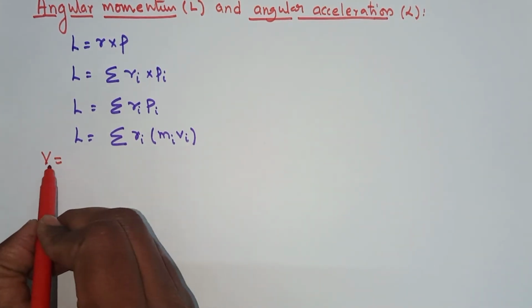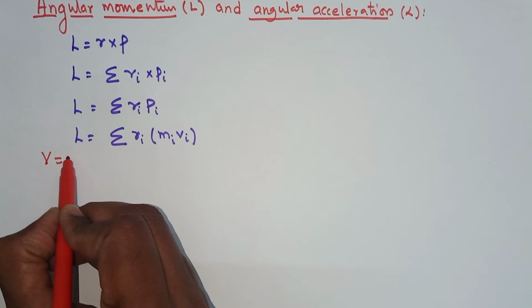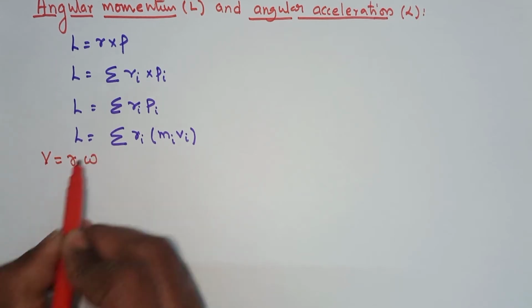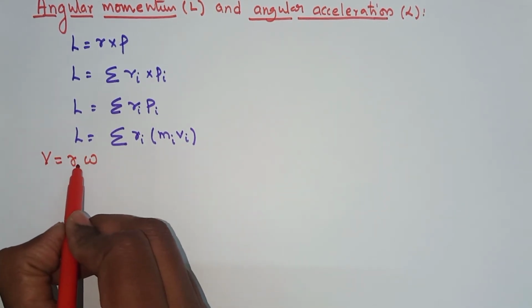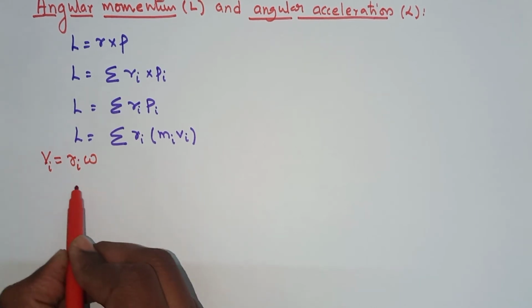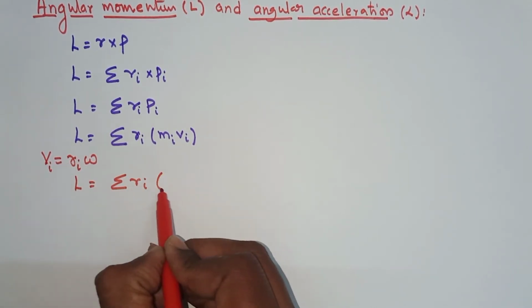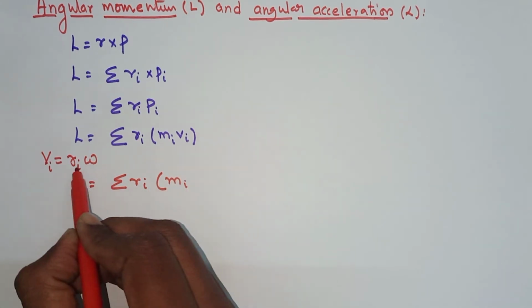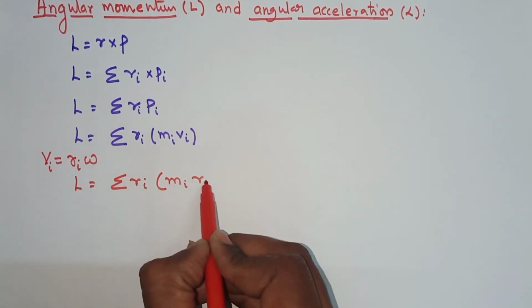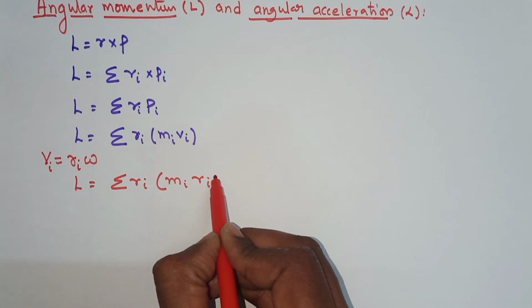How to write angular momentum? V is equal to R omega. Omega is fixed. L is equal to Ri Mi into Ri omega.